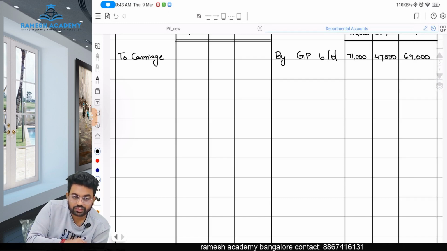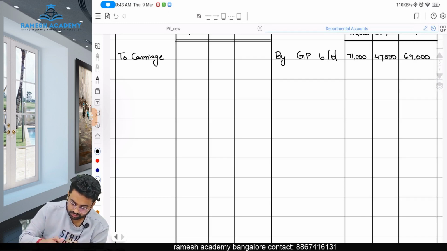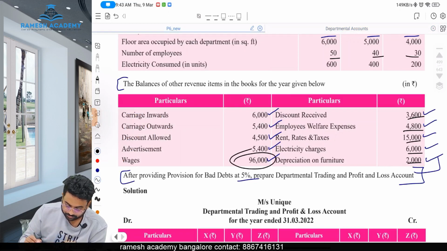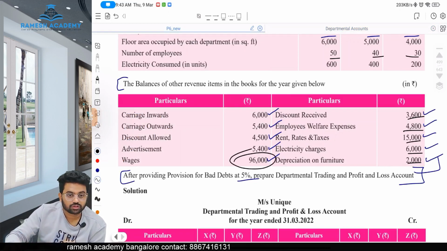Yeah, wages, revenue items. It is there here, no? Wages 96,000. Other revenue items. Right?